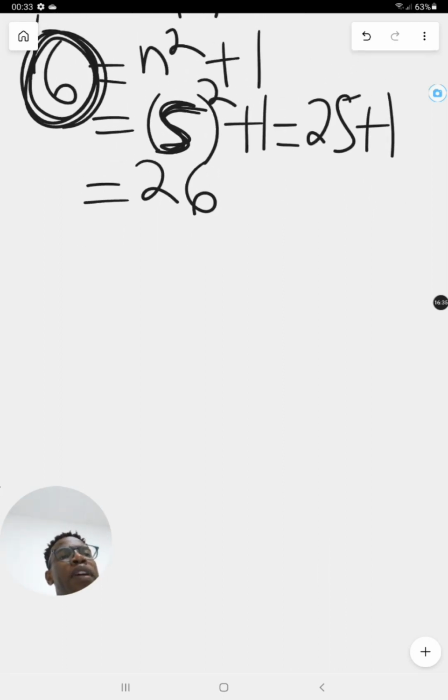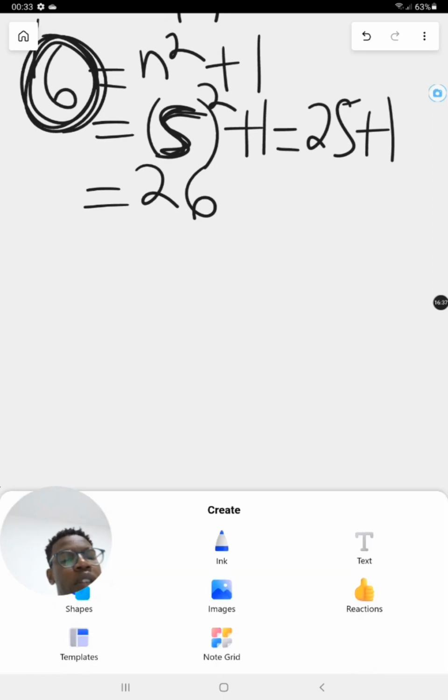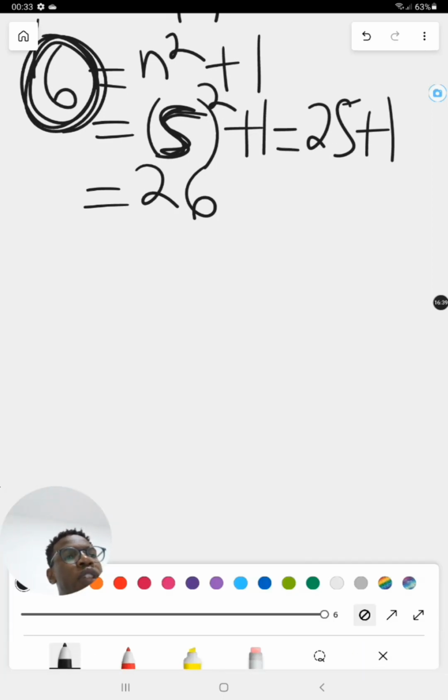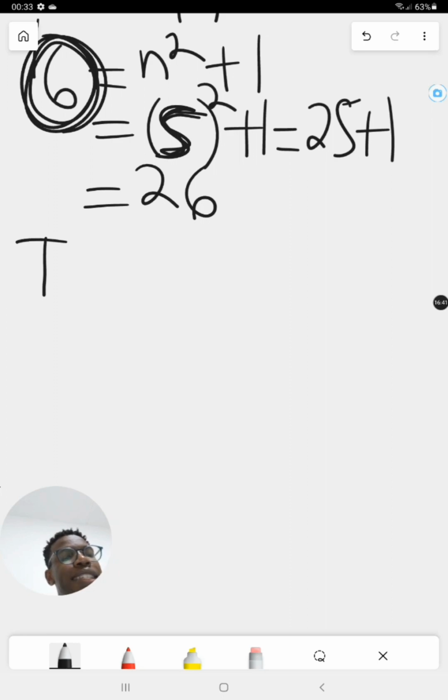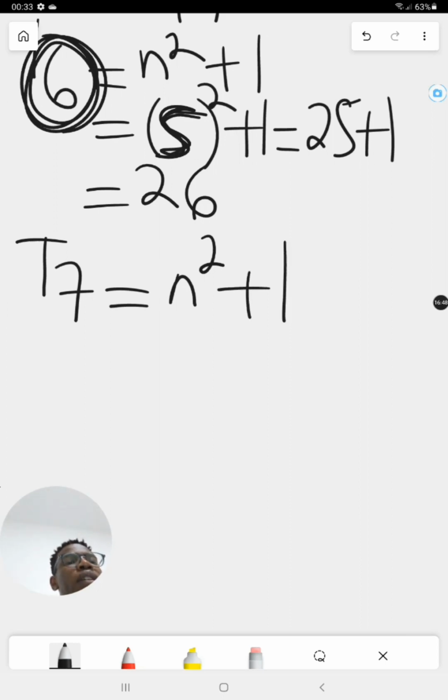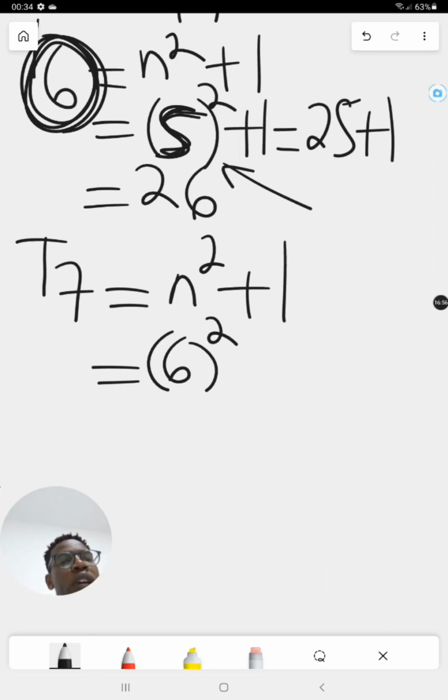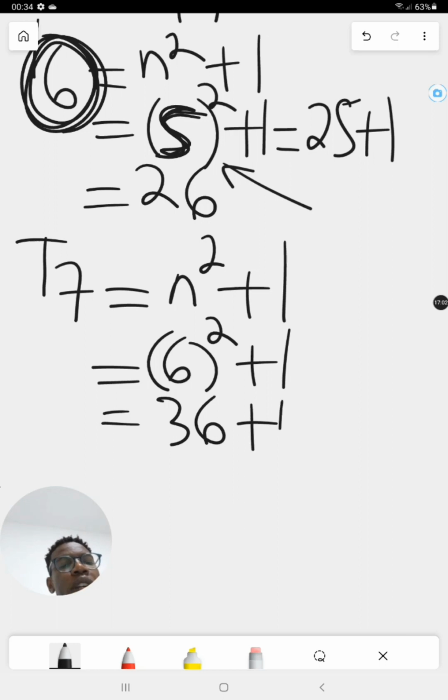The next one we move towards is T7, for the formula n squared plus 1, where the last n we used was 5, so in this case we use 6. 6 squared plus 1: 6 squared is 36, plus 1, which gives us 37.